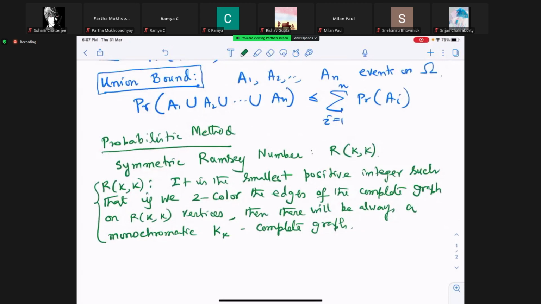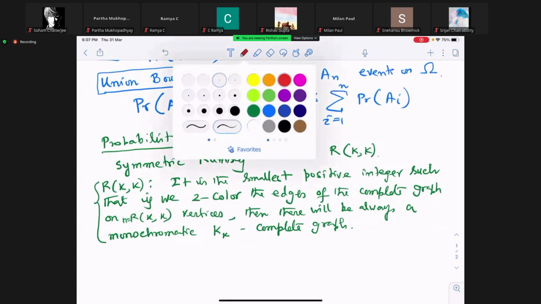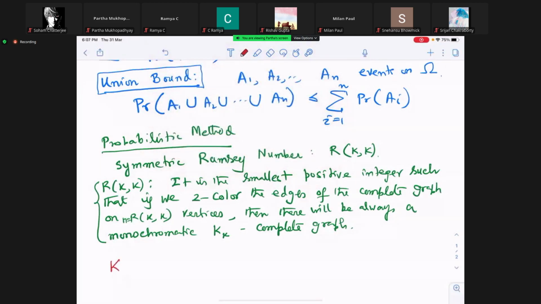This is the smallest positive integer such that if we two-color the edges of the complete graph, think of R(k,k) equal to some n. Take a complete graph K_n where n equals R(k,k), and you color the edges of the graph using two colors, red and blue, in any way you want.